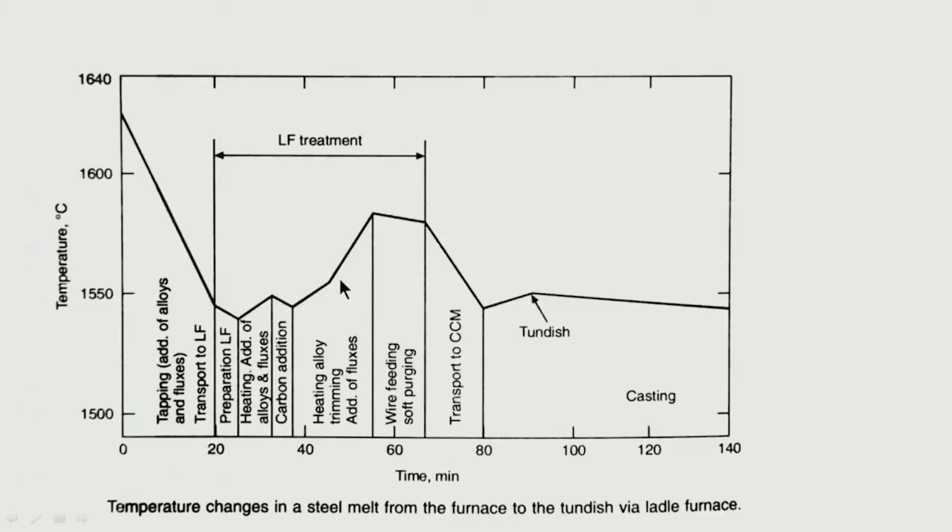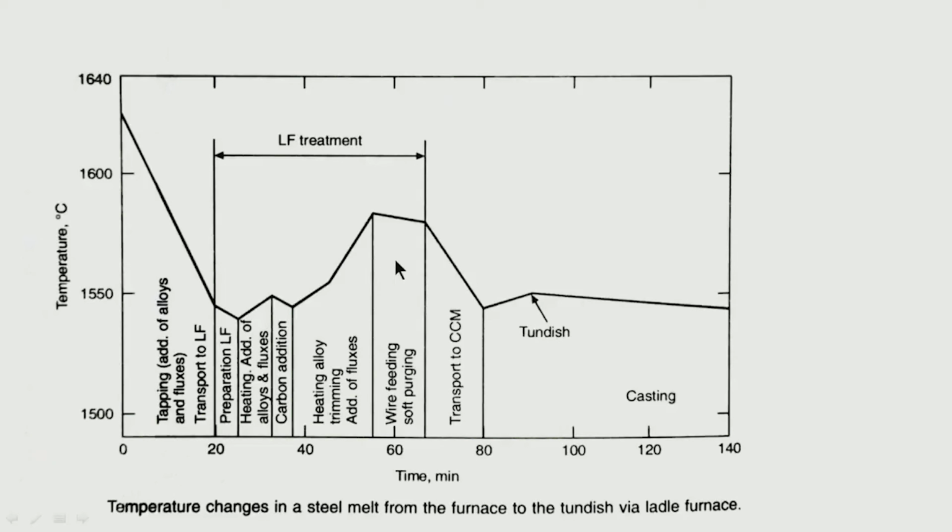So in the process we can get some temperature increase, and then using arcing we can increase the temperature. During the heating we can add some trimming additions for adjusting the alloy chemistry. We can add some fluxes because calcium oxide has to be added because the slag has to be very high in CaO for good desulfurization.